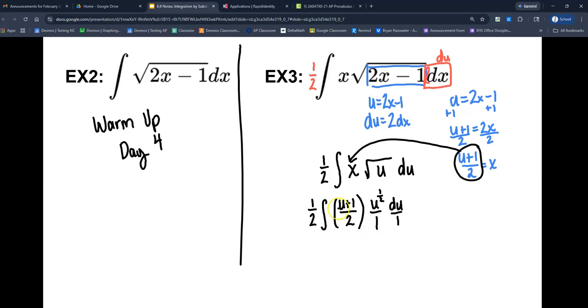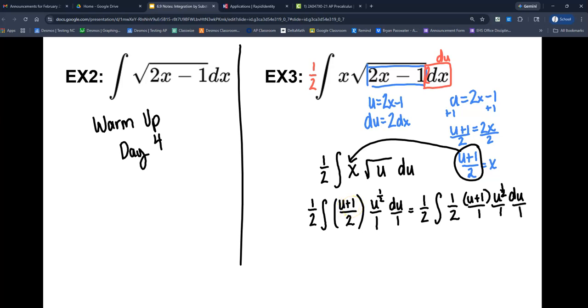All right, now if I multiply all this stuff together, I've just got a 2 in the bottom, right? So can I think of that like I got 1/2 integral, can I write it this way? 1/2 times u plus 1 times u to the 1/2 du, all this stuff over 1.